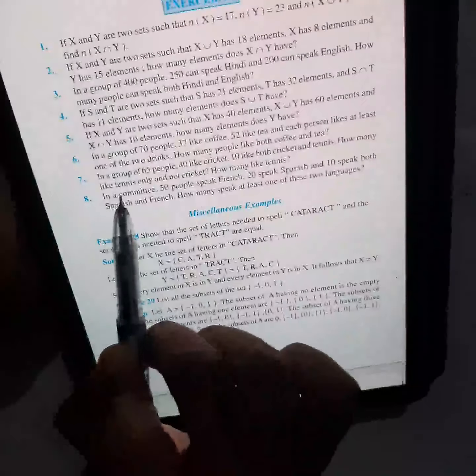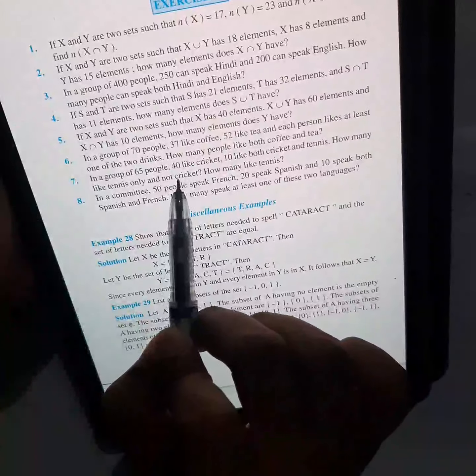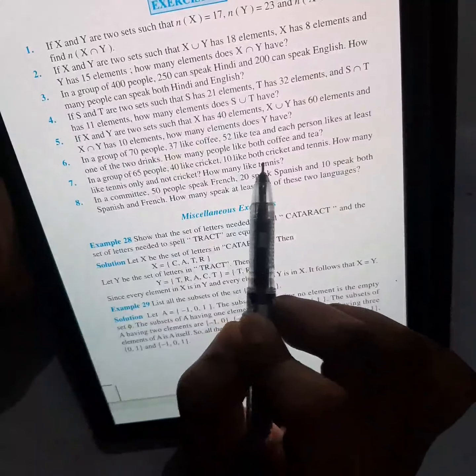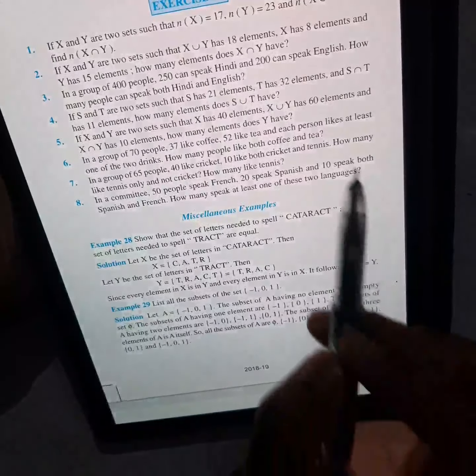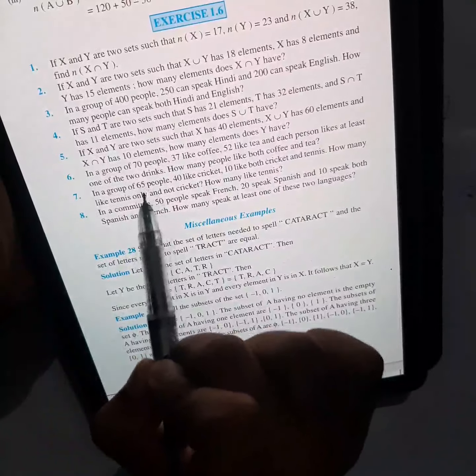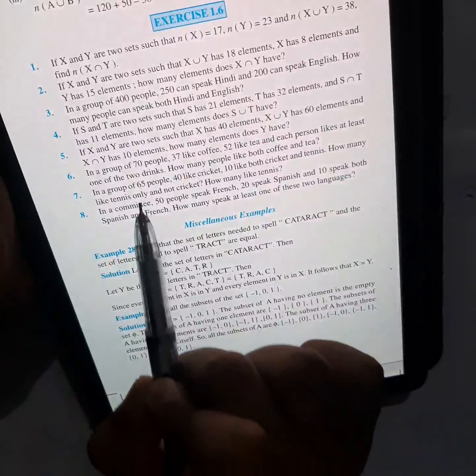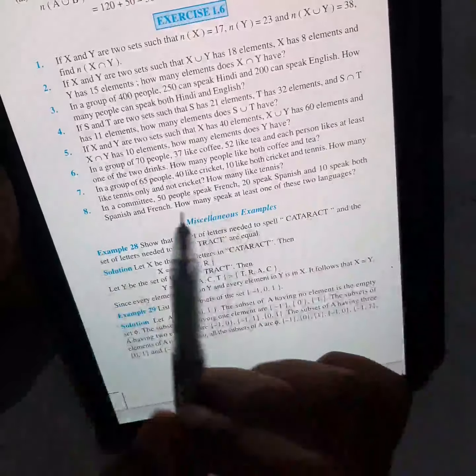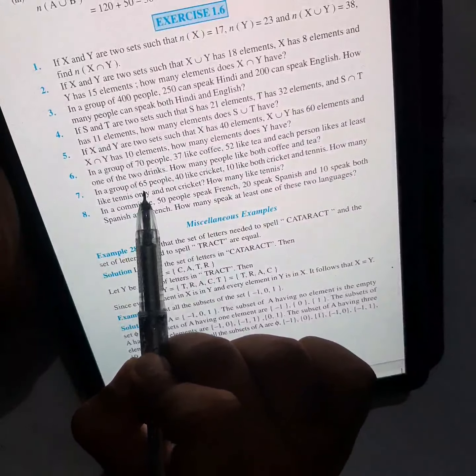You can see in a group of 65 people, directly they have said 40 like cricket, 10 like both cricket and tennis. Okay, how many like tennis only and not cricket? So this is your union set, meaning cricket also, tennis also, or both, those people who like tennis and cricket will also be in these 65 people only.